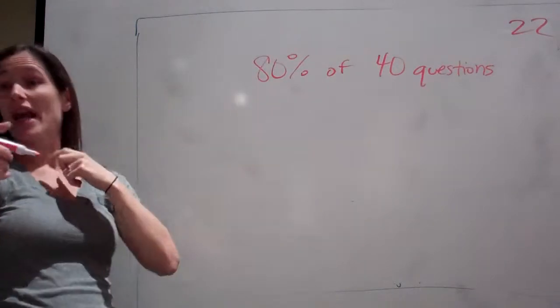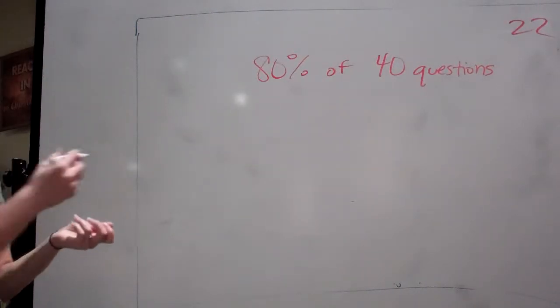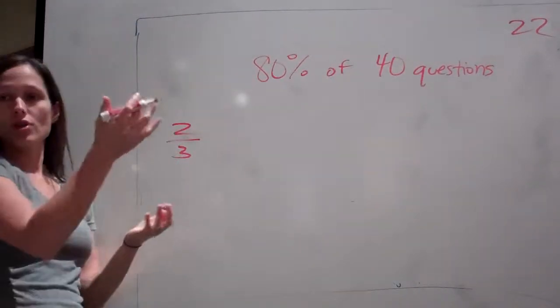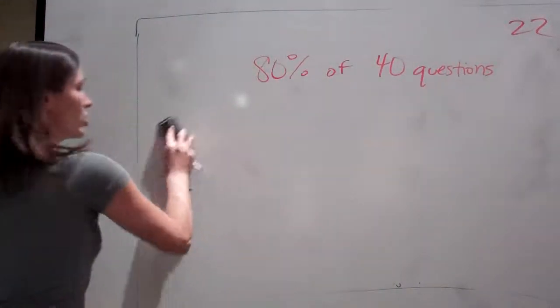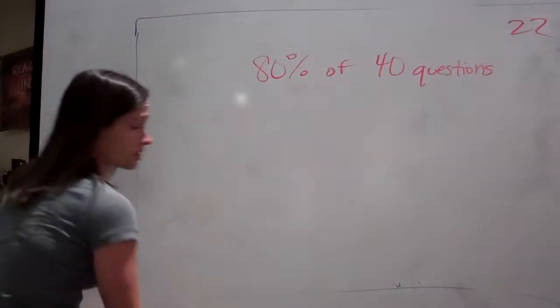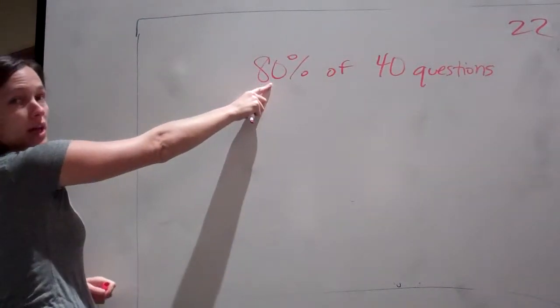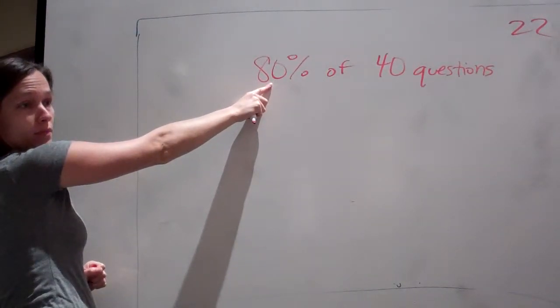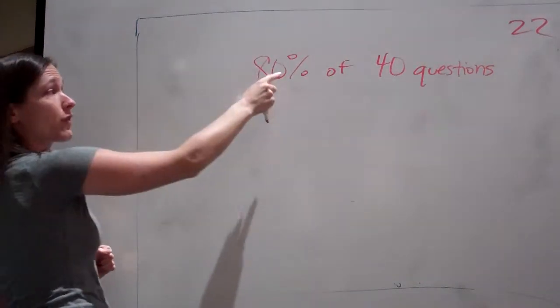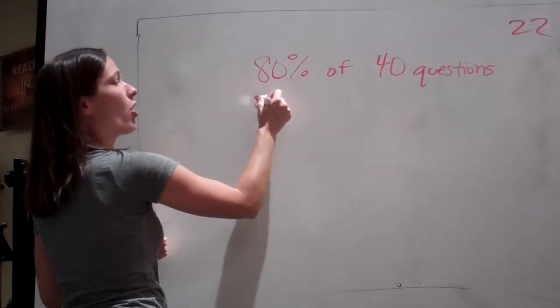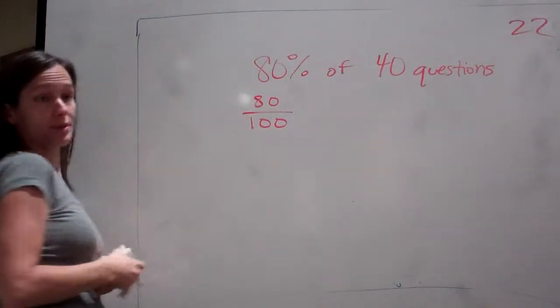A fraction. It's best for us to work with fractions because that's what we've been doing. 2 out of 3, 4 out of 5, 2 out of 5, whatever. All right? What does that look like as a fraction? 80 over 100. Any percentage is always over 100.